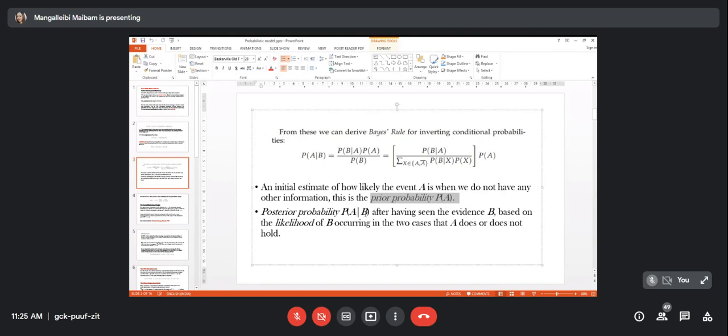And this conditional probability, here we also find the posterior probability. Posterior probability is nothing but the probability after having seen the evidence B. So after event B has already occurred, based on the likelihood of B occurring in the two cases, that A does or does not hold.